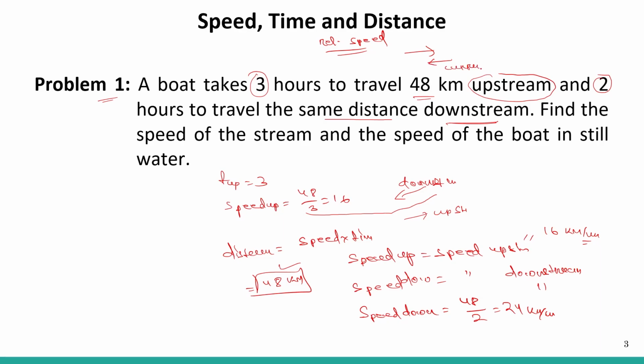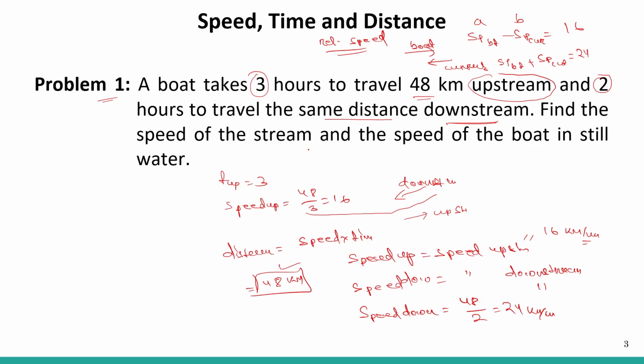This is the current and this is the boat, and since they are in opposite directions, their speeds get subtracted. So speed of boat minus speed of current is equal to 16. Let this be A and this be B. When going downstream, their speeds add up, so speed of boat plus speed of current is equal to 24 kilometers per hour.